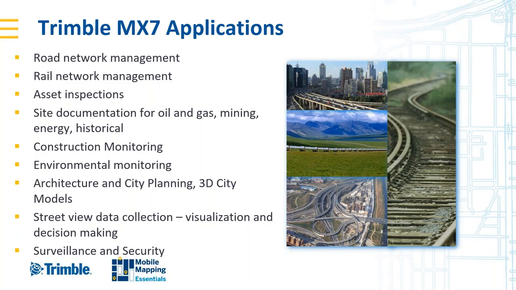For inspecting assets along the side of the road, could be road signs, lamp posts, posts of all different kinds, could be to do with utilities, electrical utilities, water utilities, mapping manholes, that kind of thing, and also for documenting things in some specific industries like oil and gas, where maybe they want to do a cross between mapping their infrastructure and also doing the first level of inspection as well, just making sure things are in a reasonable condition, which of course you can do very easily just by driving past something with a 360-degree camera.